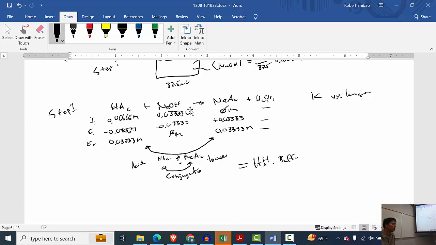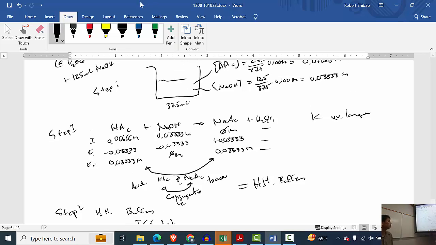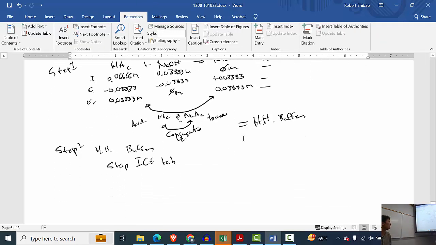Now with an HH buffer, we're lucky because step 2 is going to be the HH buffer. We're lucky because we could skip the ICE table. We don't have to do it. We just use the Henderson-Hasselbalch equation.